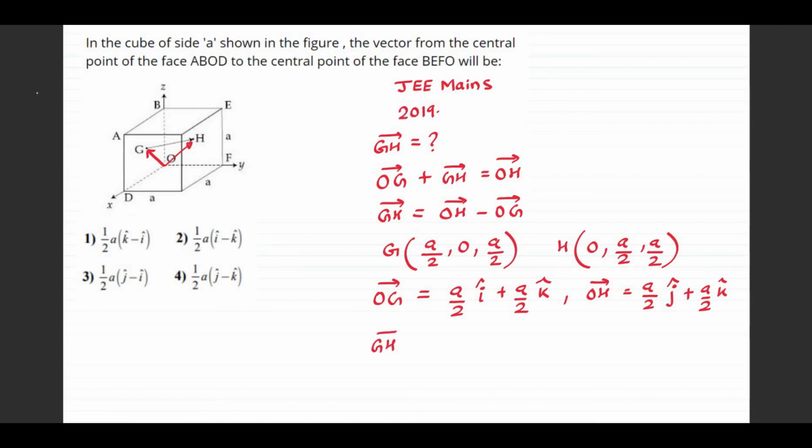So GH vector will be OH vector minus OG vector. So when you subtract, you will find out k cap will cancel out. So this will become a by 2 j cap minus a by 2 i cap. Taking a by 2 common, it will be j cap minus i cap.